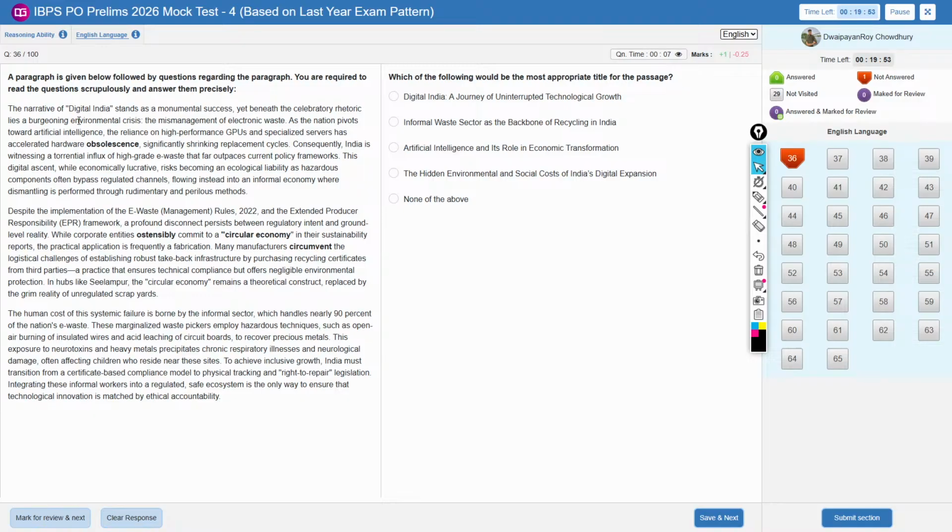The narrative of a digital India stands as a monumental success, yet beneath the celebratory rhetoric lies a fundamental crisis of mismanagement: electronic waste. As the nation pivots towards artificial intelligence, the reliance on high-performance GPUs and specialized servers has accelerated hardware obsolescence, significantly shrinking replacement cycles.